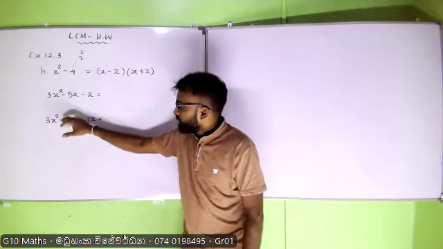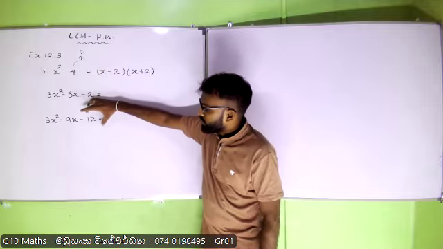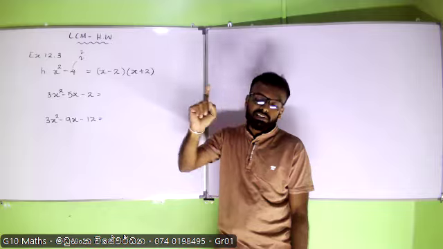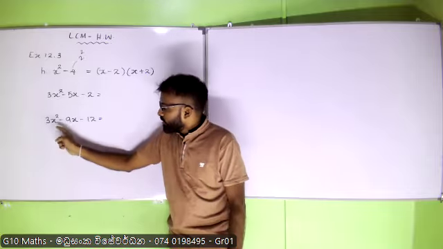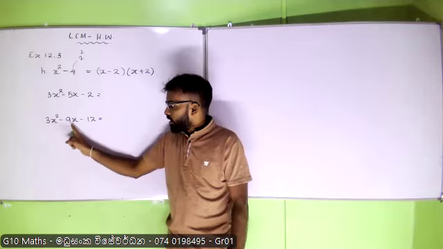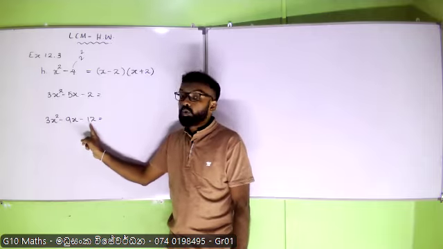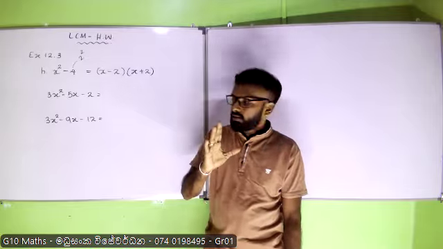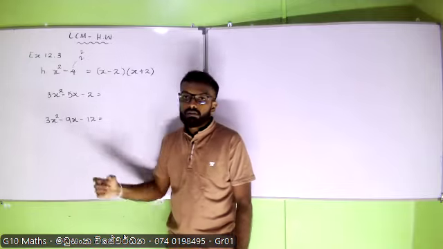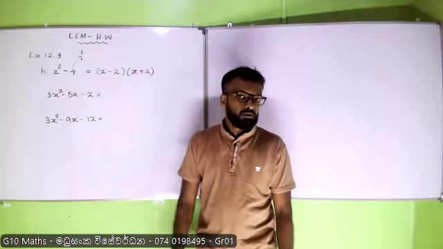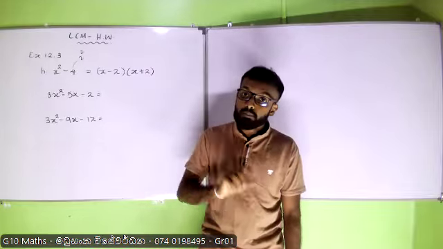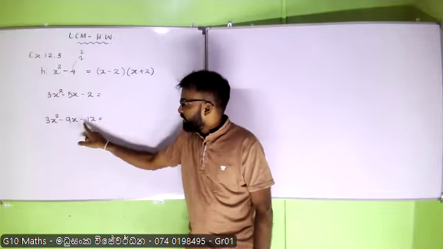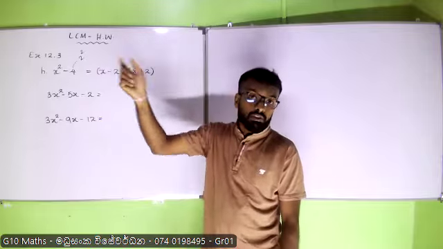When you compare this part with this part, you can see a difference. Here you have the number 3, here 9, here 12, and you can clearly see that here you have a common factor to take out of the bracket before factorizing. 3, 9, 12 are multiples of 3.